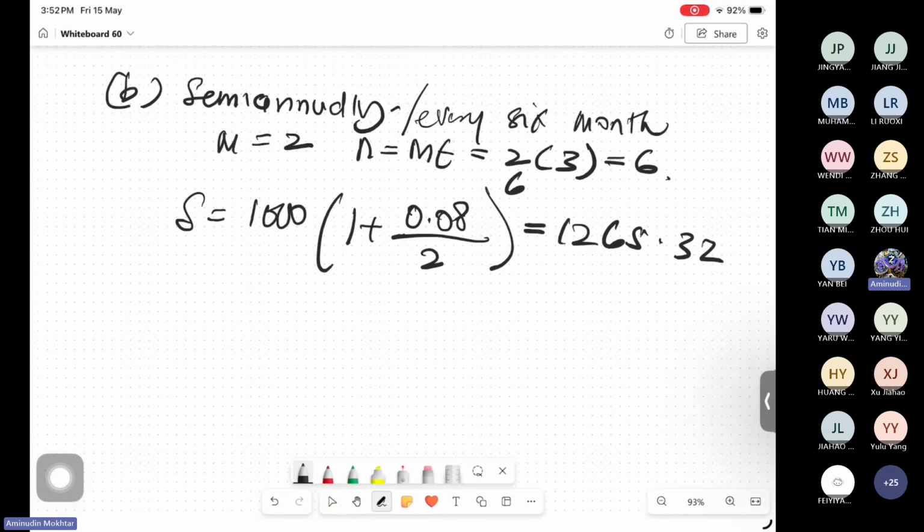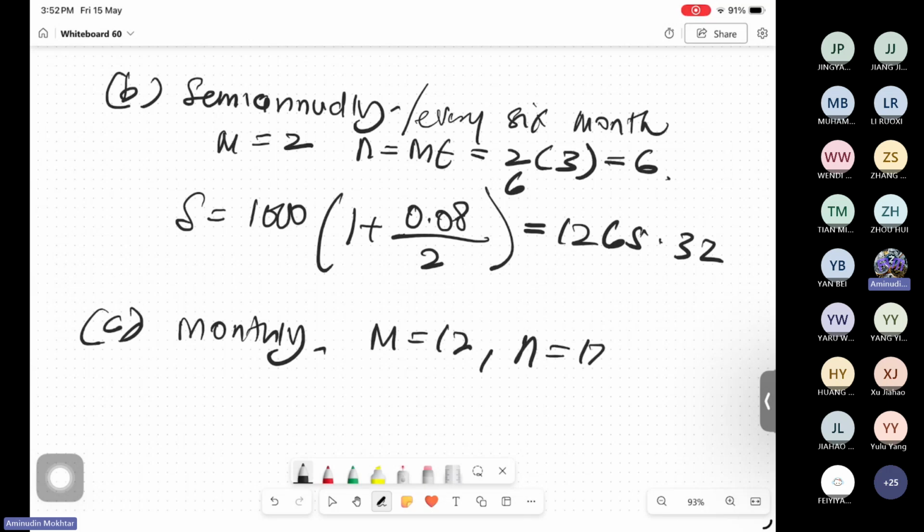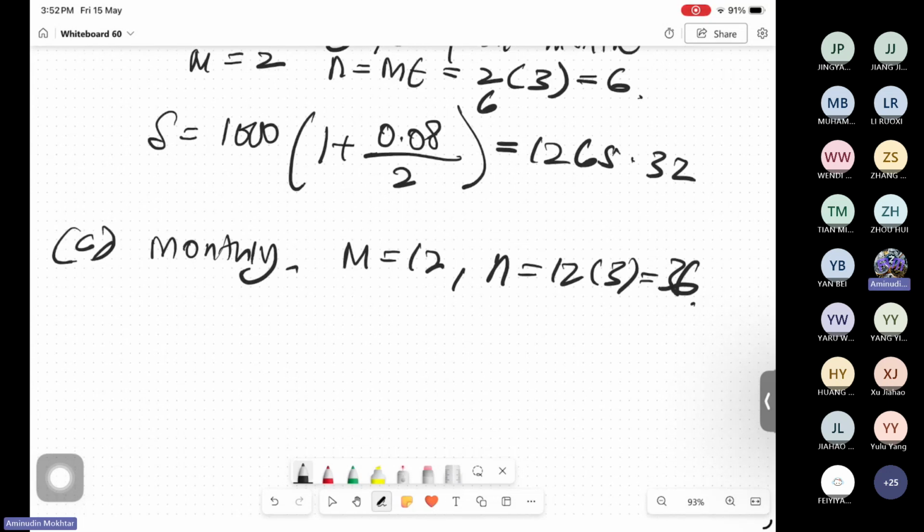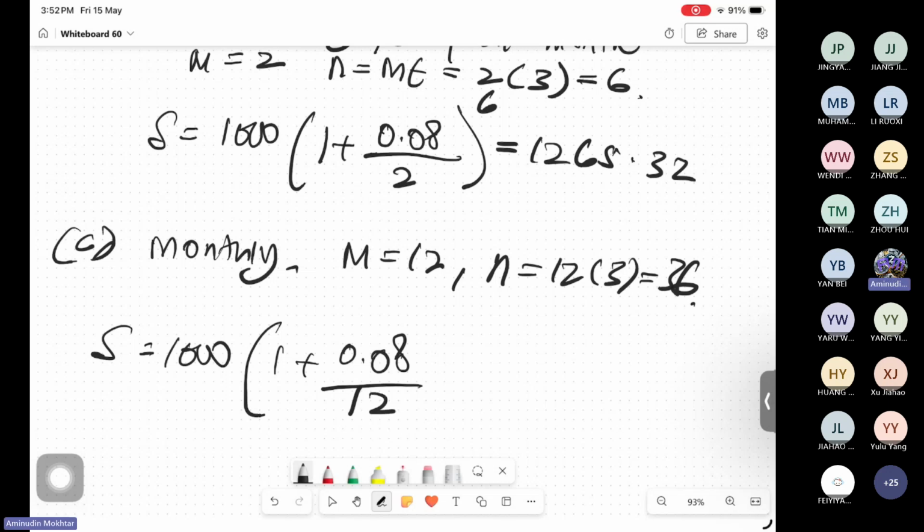Okay, same goes when I change to, let's say, monthly. The interest rate is paid every month. So M equal 12, and M, 12 times 3 years, equal to 36. So the future value of money S equal to 1000 times 1 plus 0.08, the nominal interest rate, divided by 12, because M equal 12, to the power of 36.